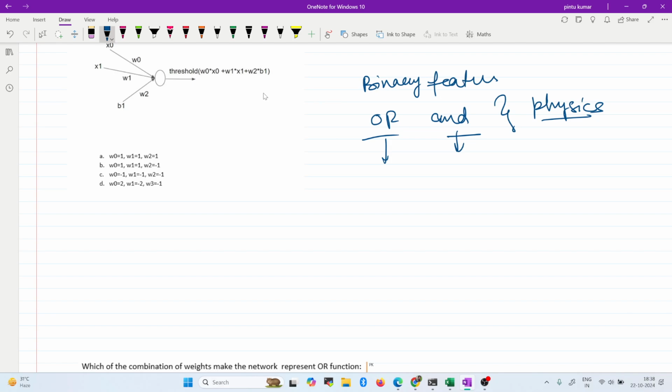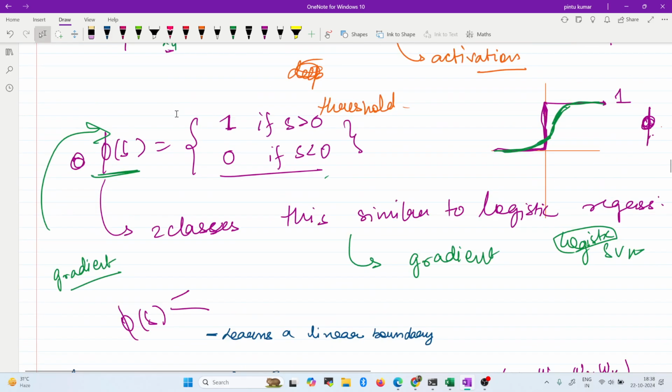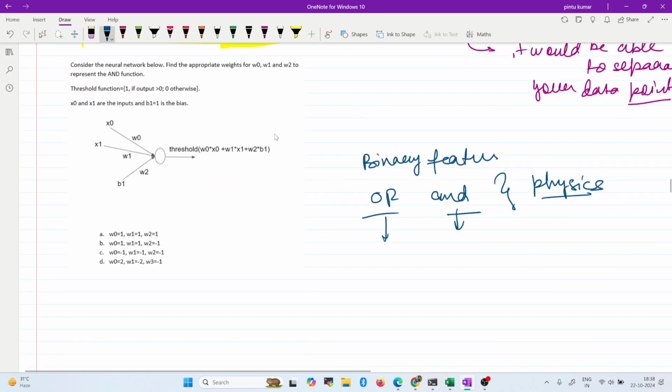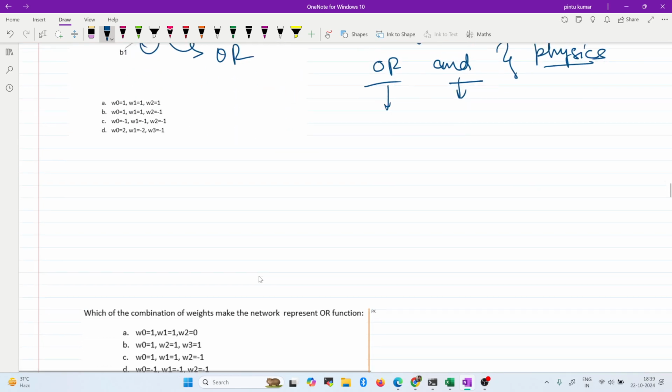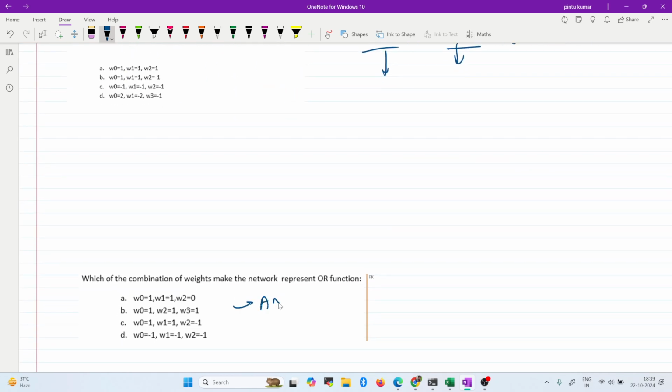Using the kind of perceptron that we studied right now, it is known that you can represent the OR and the AND function. You can choose particular values of W0, W1, W2 so that this perceptron becomes your OR function, and similarly your AND function.